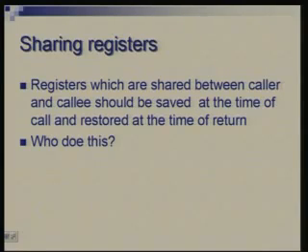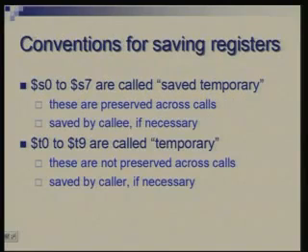The values which you need to preserve, you have to take care that you save them. Whether the caller should save or the callee should save, a convention helps in this area, and this conflict will not be there. Otherwise two people will write programs, there will be a conflict, one would destroy the values of the other, and then fingers will point to each other.